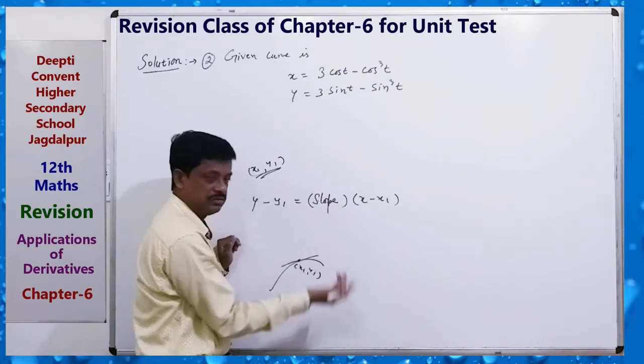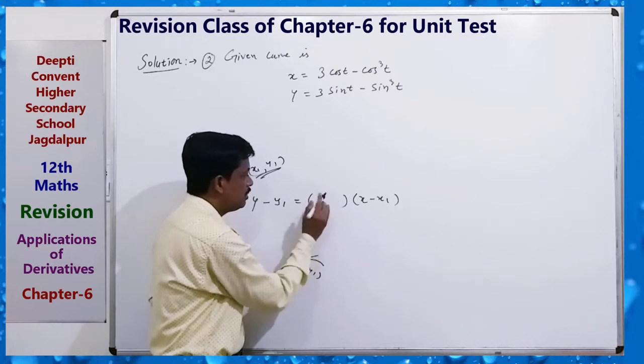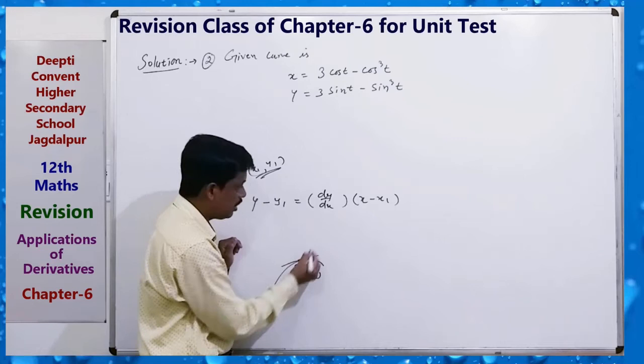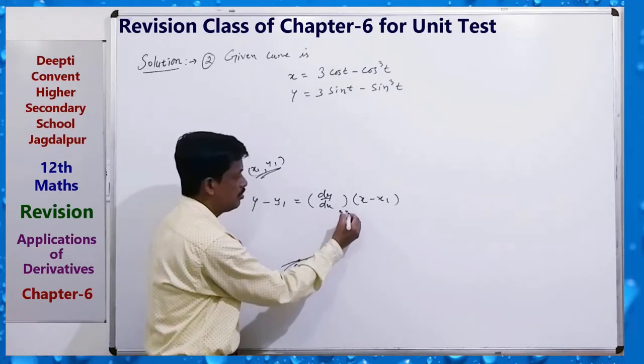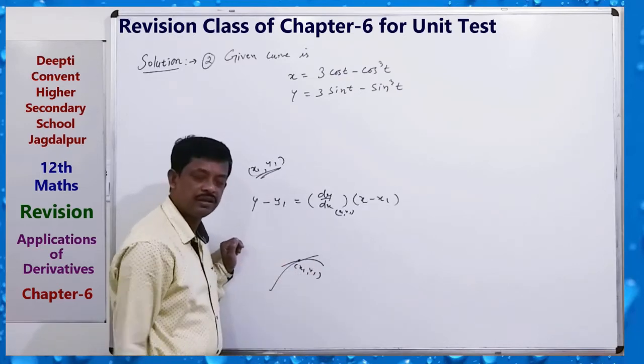Slope means the derivative, dy upon dx for this curve at this point x1, y1. So this will be the equation of tangent.